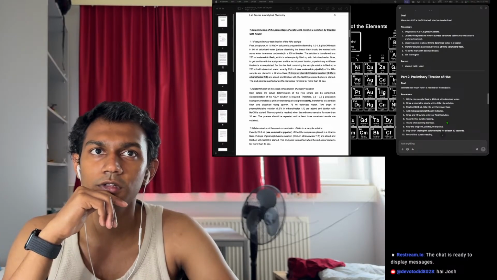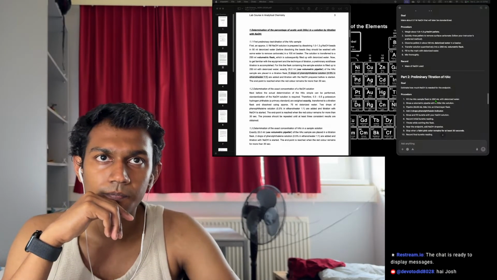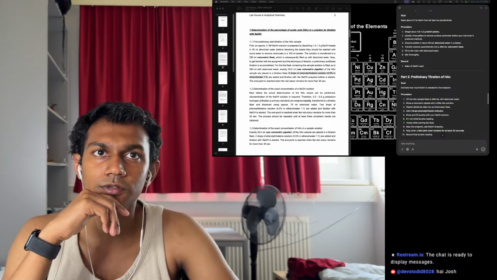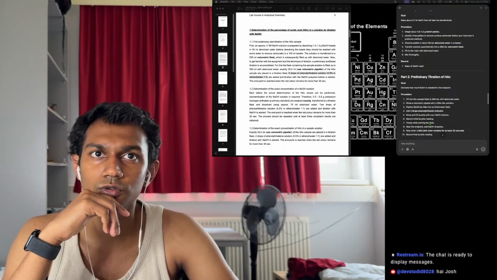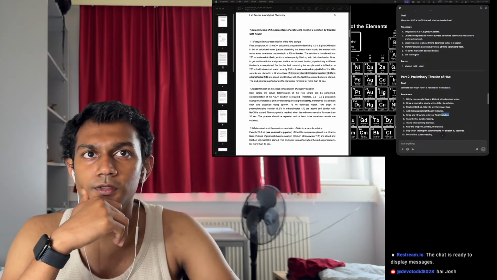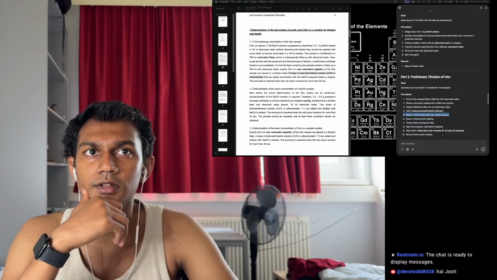Rinse and fill the burette with NaOH solution. Record initial burette reading. With your NaOH solution, there should be an amount, right? 25 milliliters, if I understand.